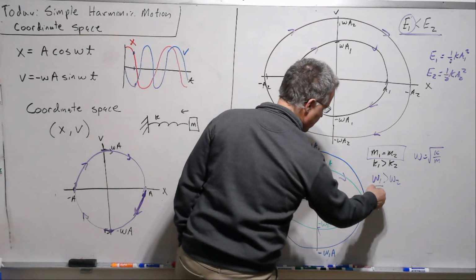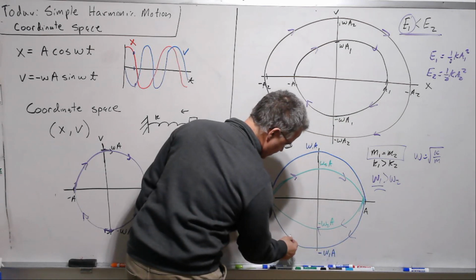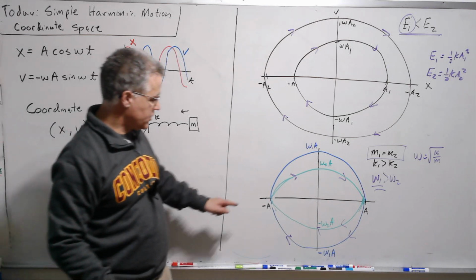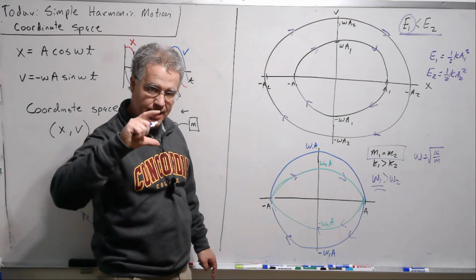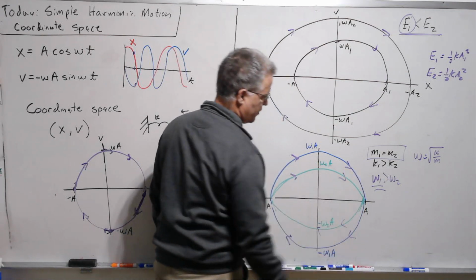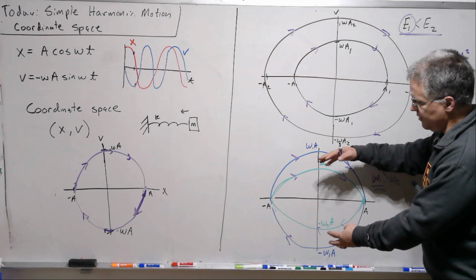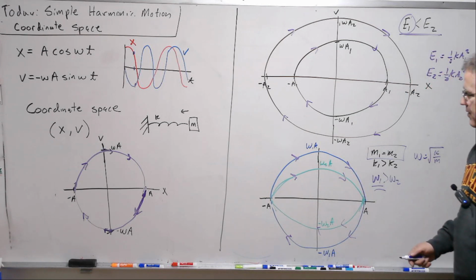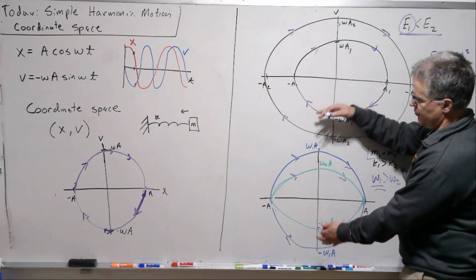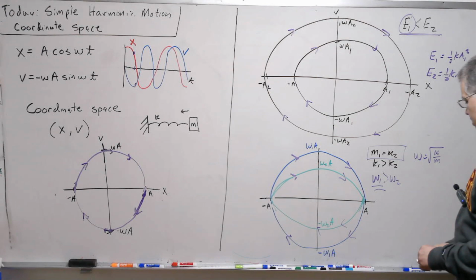If we have a higher omega, then we will reach a bigger maximum velocity, but our turning points will be the same, right? Because I brought it back to the same position. So the shape of the oval changes. We get a little more squeezed oval if our spring constant is weak, and we get a more extended oval in this direction if our spring constant is stronger.